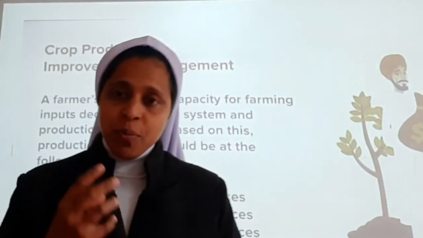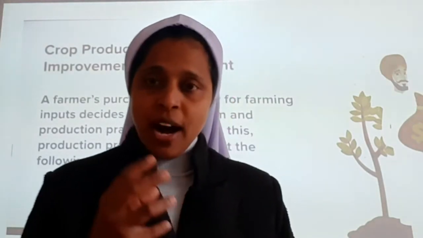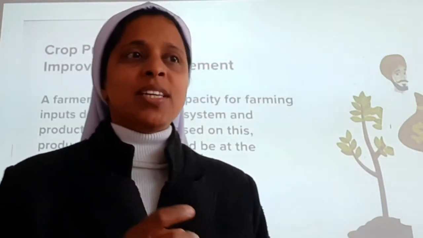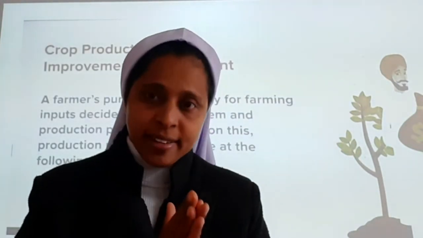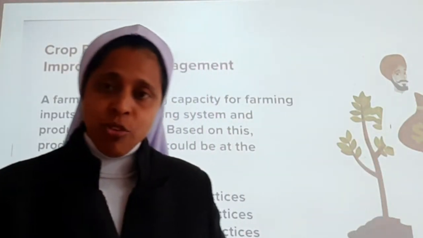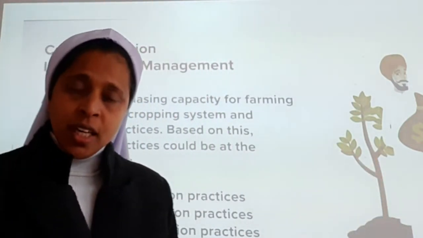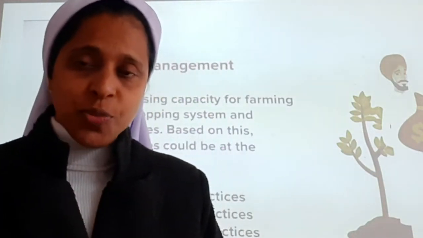For crop production improvement or crop production management, a farmer's purchasing capacity for farming inputs decides the cropping system and the production practices. Based on this, production could be at the following levels: no cost production, low cost production and high cost production.